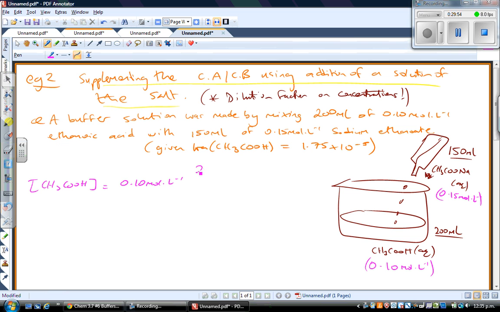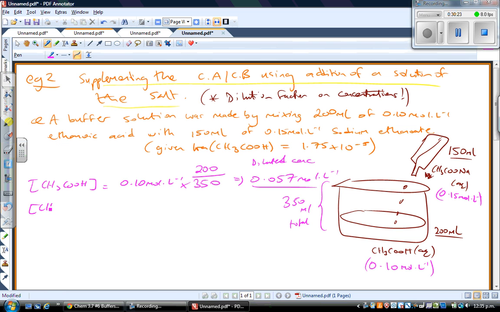So what we had was 200 mLs of acid, then had 150 mLs added to it to give a total volume at the end of 350 mLs. So the dilution factor is 200 over 350, and if you multiply that by the original concentration, the diluted concentration becomes 0.057 moles per liter. Alright, so that's the diluted concentration of the acid.